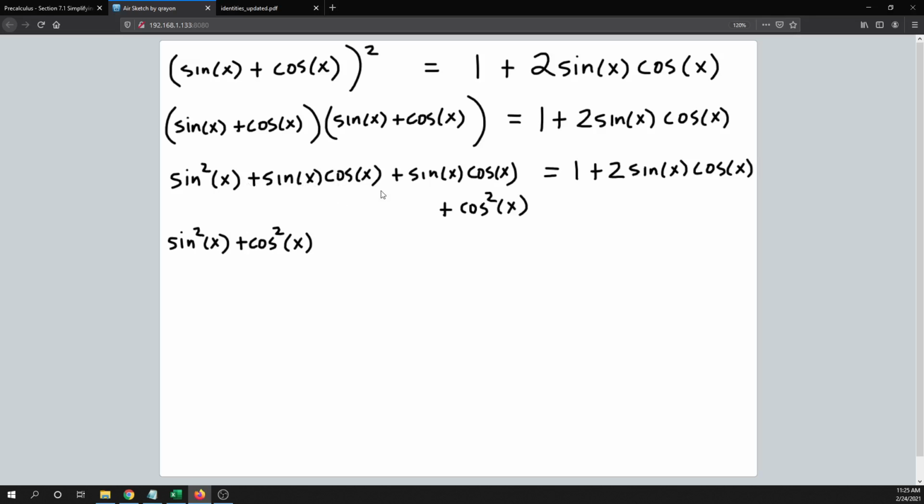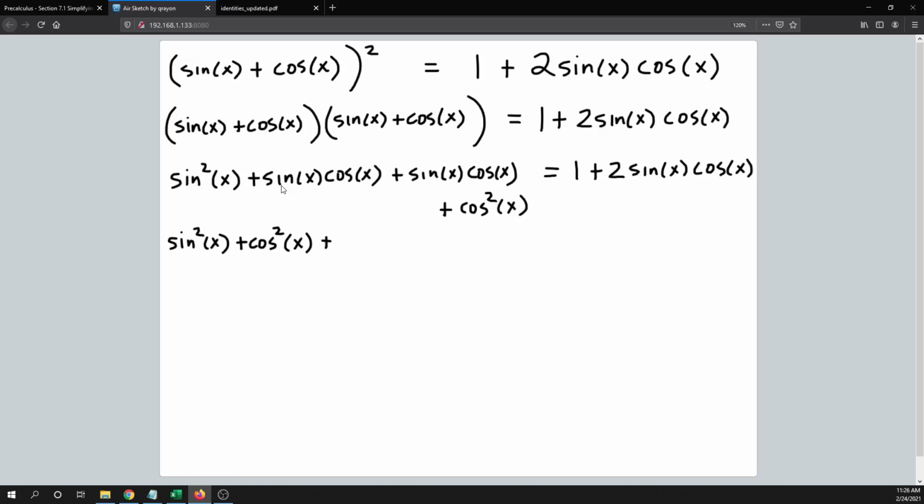It doesn't matter the order in which you add real numbers, right? 3 plus 5 is the same as 5 plus 3, right? And that's true for any two real numbers. The order in which you add them doesn't matter, so I'm going to put those over here. And there's also the associative property that comes into play there, because we have multiple things being added together. So I'm going to put this over here, the sine squared and the cosine squared, because I know I'm going to be able to use that other identity that I had.